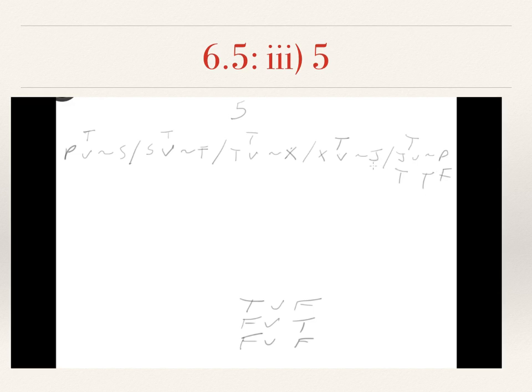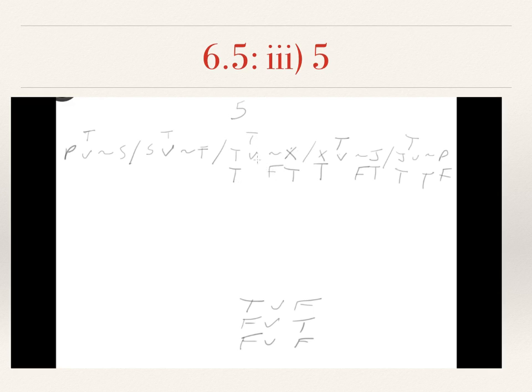J is true, the negation sign makes it false. So in order to keep that true, we have to make X true, otherwise false or false would be false. So now we have a truth value for X, it's true, negated makes it false. And so T has to be true if that's going to work.